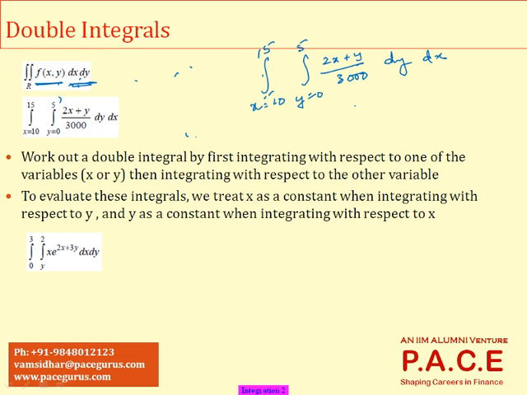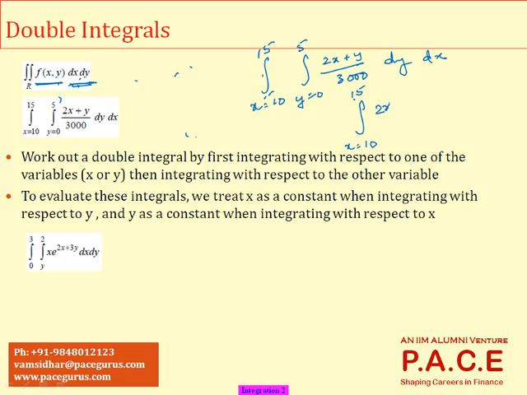It really doesn't matter. Okay, so let's start with respect to y, which means x is treated as constant here. So I'll still say x equal to 10 to 15. So I'm doing it with respect to y.